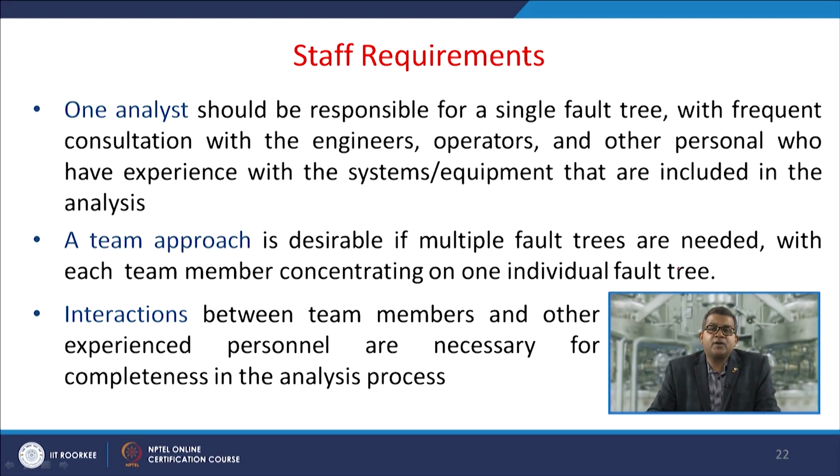A team approach is always desirable if multiple fault trees are needed, with each team member concentrating on one individual fault tree. There must be interaction between the team members and other experienced persons. This is always necessary for completeness of the analysis process.